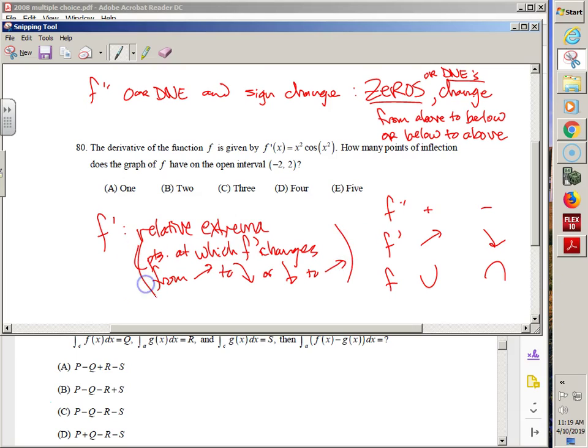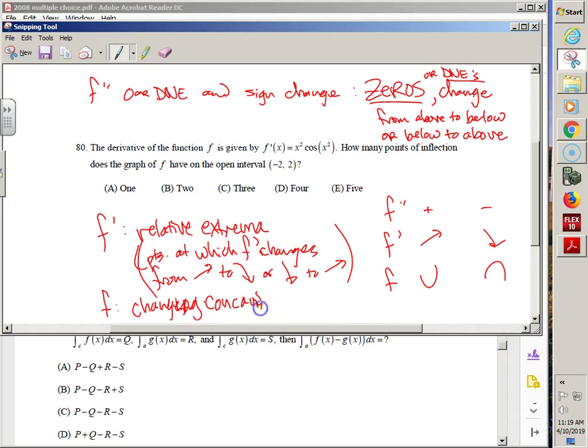Could be smooth or could be sharp. Mm-hmm. So I just need to clarify. When you're saying from increasing to decreasing, talking about the f prime graph, no. Oh, so we're actually talking about the y. The f prime graph, the y's of the f prime. And if you had f, we would actually have to find the points at which the concavity changes.